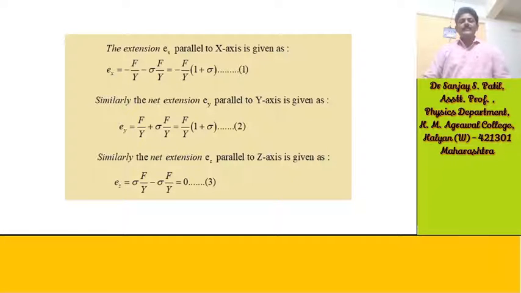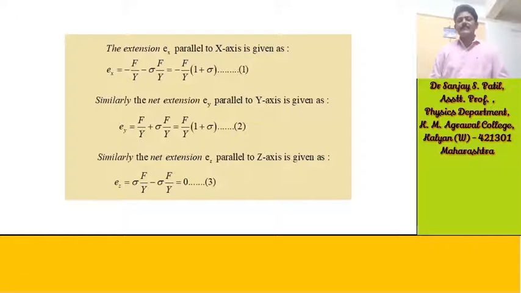Now, extension Ex parallel to x-axis is given as Ex equal to minus F divided by Y minus sigma into F divided by Y, which is equal to minus F divided by Y into bracket 1 plus sigma. The word extension is used here, but the sign is minus. Negative extension is nothing but the compression along x-axis.